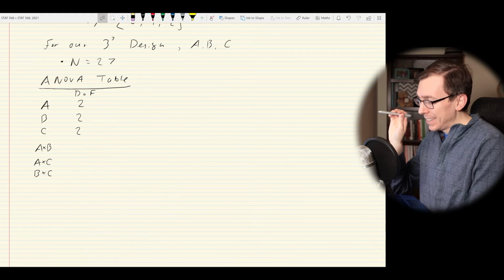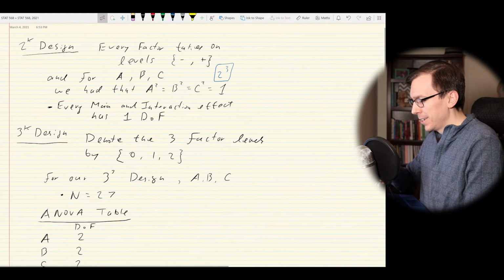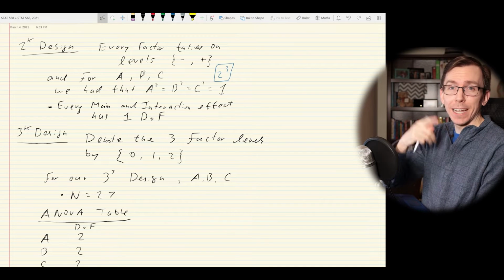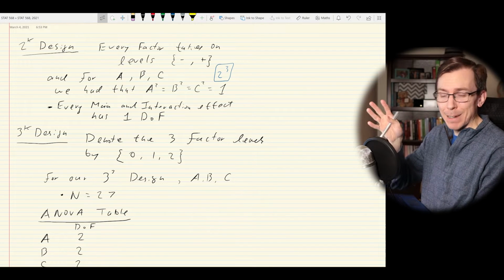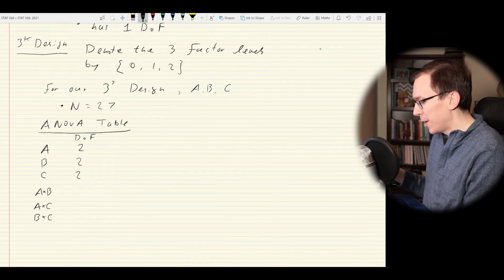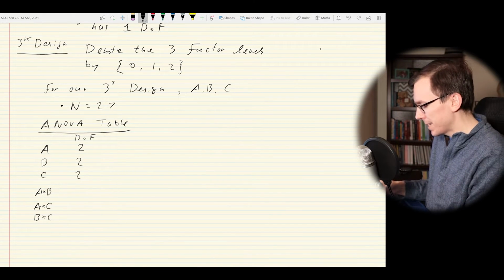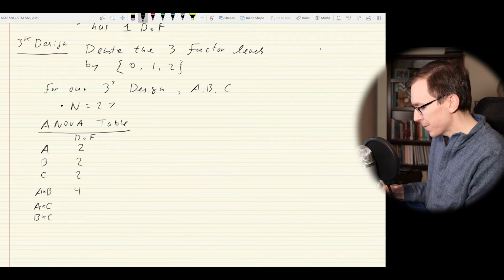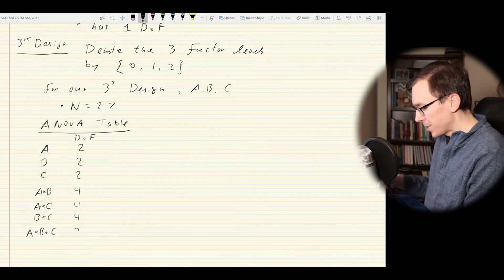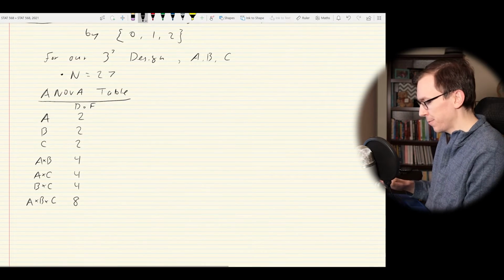The same thing happened for our 2 to the k design, but when all the degrees of freedom are 1, I can multiply 1 by itself as many times as I like. I'm still just going to get 1. However, now when I combine A and B, for example, I don't have 2 degrees of freedom, I have 4, and 4, and 4. And when I look at the 3-way term, A, B, and C, I get 2 times 2 times 2, which is going to get me 8 degrees of freedom.